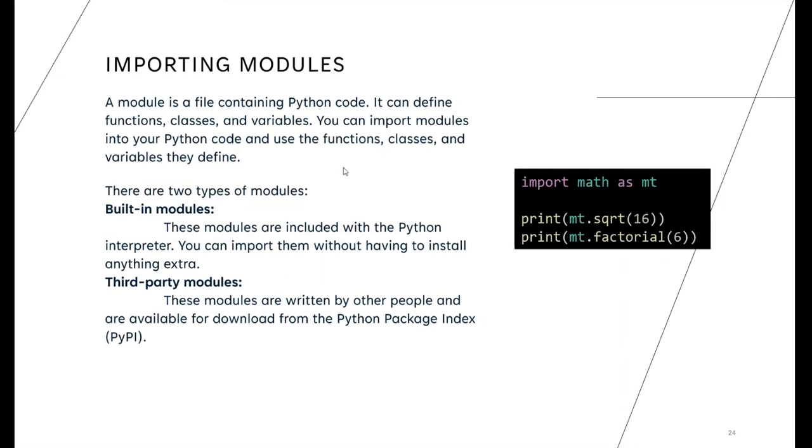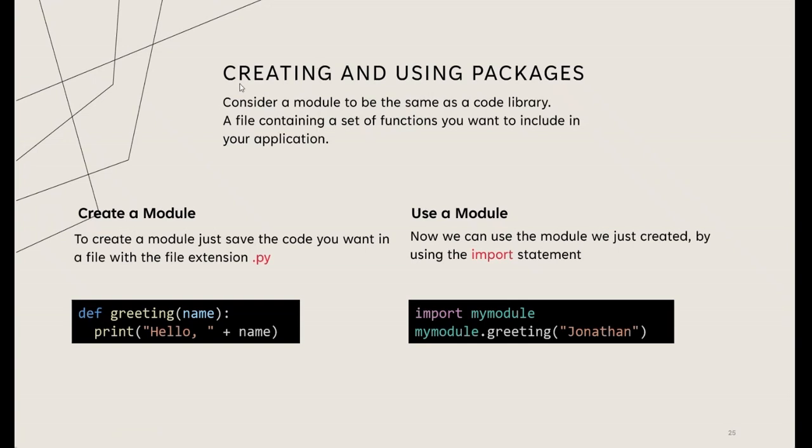For built-in modules, we don't have to install them. We can just import simply. And for third-party modules, we have to install them by using pip install and the module name.